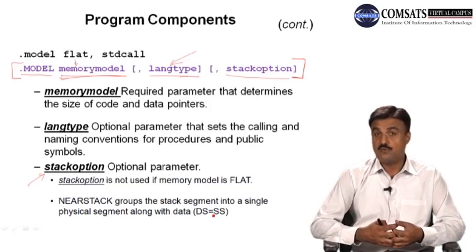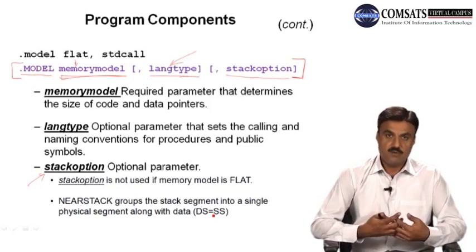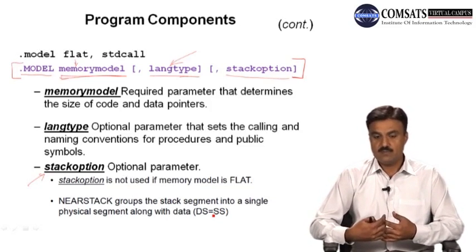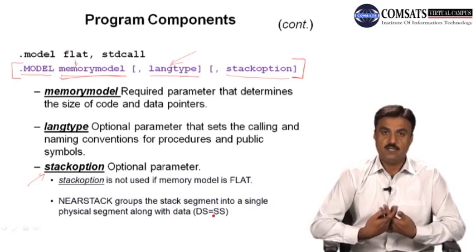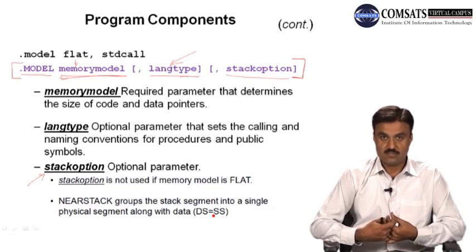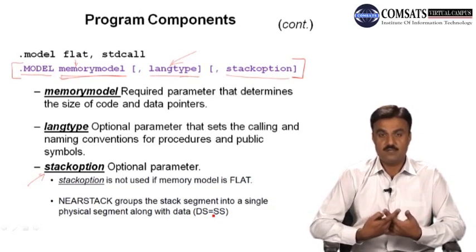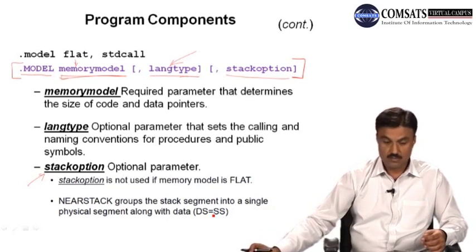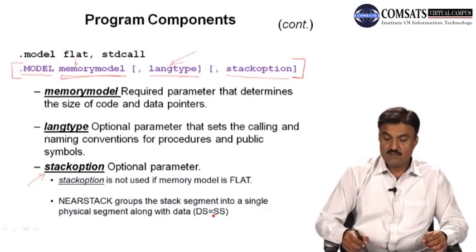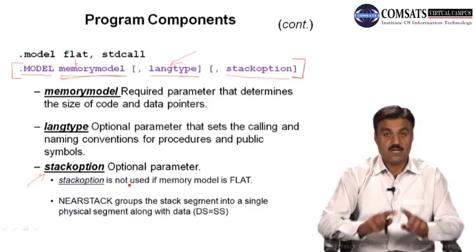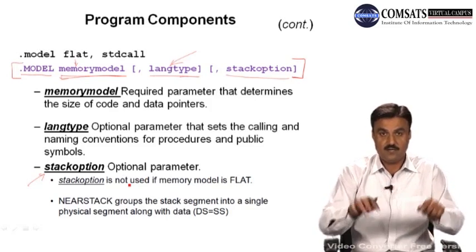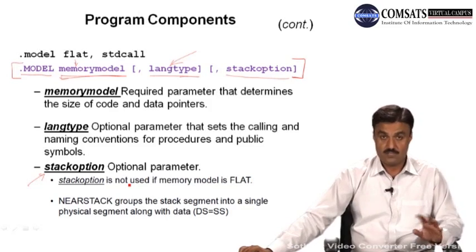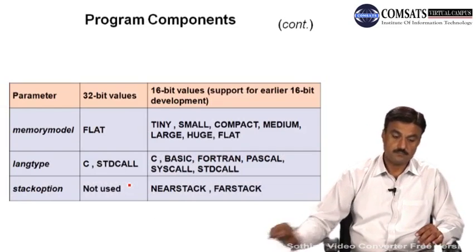If we use the far stack option, then the data segment will be different and the stack segment will be different, and we have to define the stack segment limit, the total limit for the stack segment, and so on. In the case of near stack, both data and stack are in the same physical segment or physical area inside the memory.